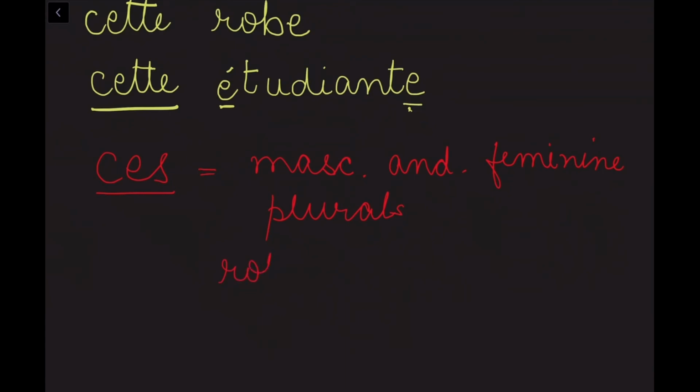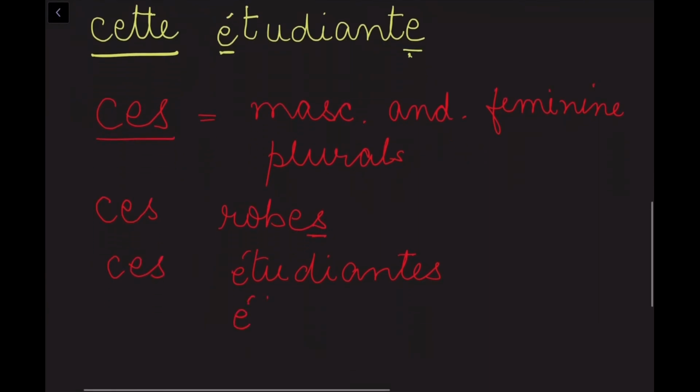Okay, so if it had been robes with an S, that means this is plural, you'll use ces robes. Okay, and if it is étudiantes with an S, which makes it plural, if it is female plural students, you use ces, and if it is even masculine, étudiants with an S, then also you'll use ces. These mean these dresses or those dresses, these students or those students.